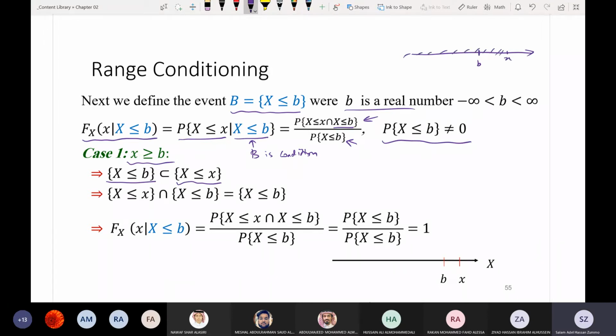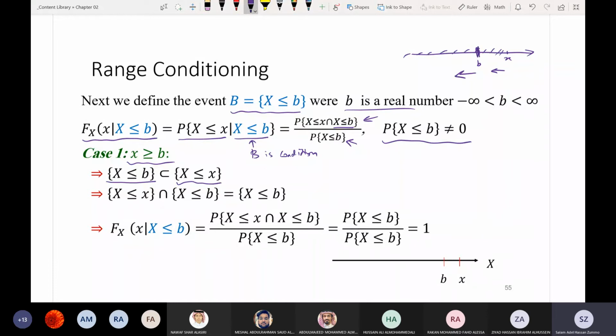So now the question is, given x is less than b, what is the probability that the random variable is less than small x? ايش رايكم؟ 1. Why? Because I for sure know x is going to be less than b already, صح?